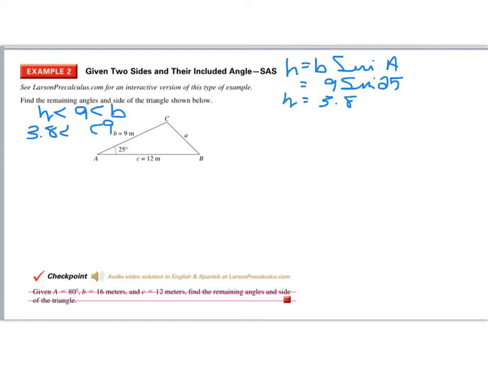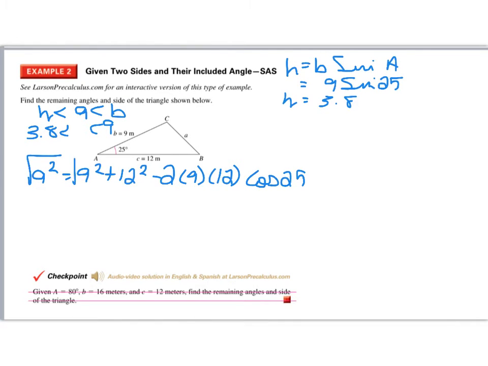So let's solve for A. So we're going to do A squared is equal to 9 squared plus 12 squared minus 2 times 9 times 12, and then the cosine of 25. So all we really need to do is put this whole thing in our calculator, and we get A equals 5.4. So when we put that in here, we can see that this applies. Therefore, we know that we have two different angles, or two different triangles.